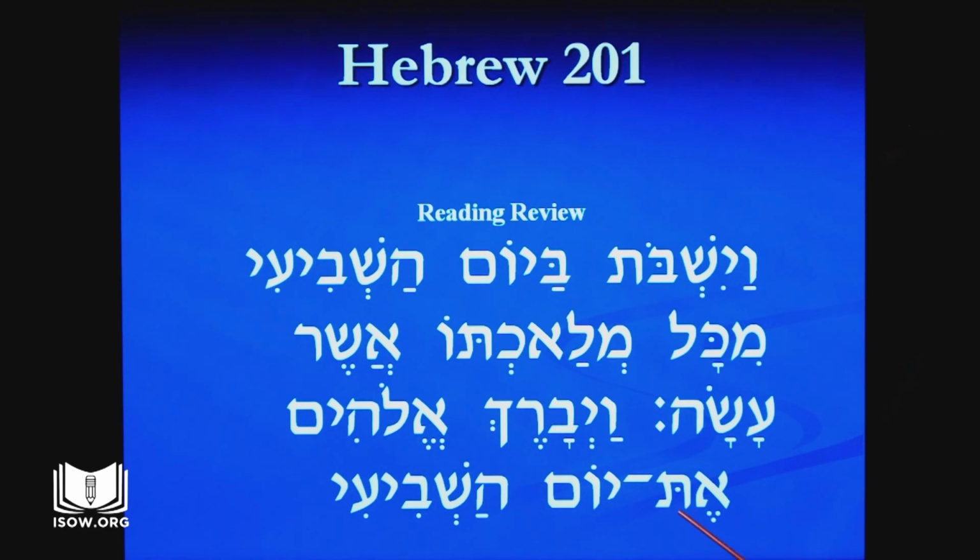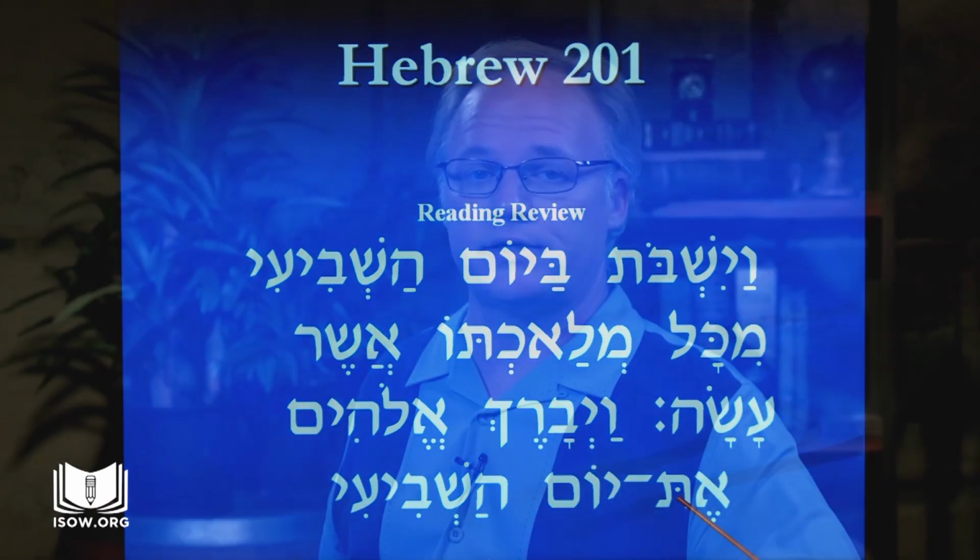It actually serves as a sign of the direct object. And let me give you a for instance. Genesis chapter 1 verse 1 in Hebrew says, Bereshit bara Elohim et hashamayim ve'et haaretz. In the beginning, God created the heavens and the earth.